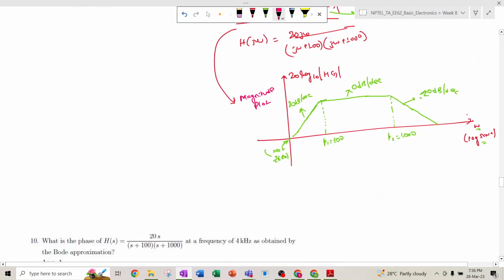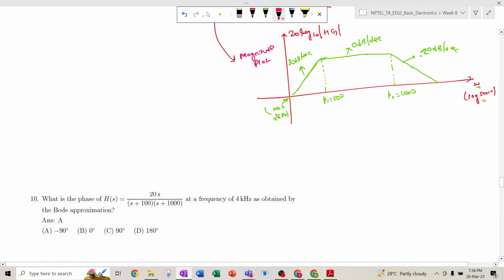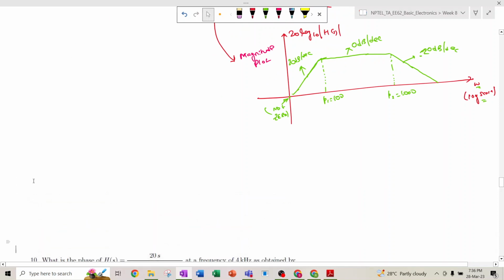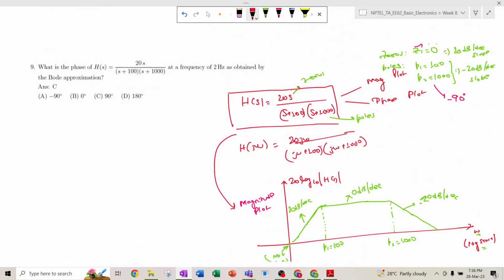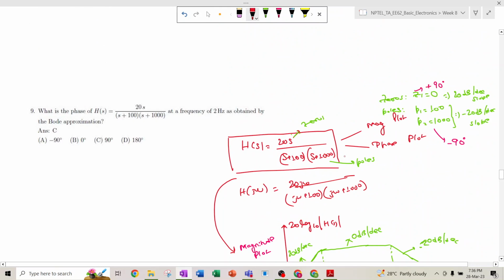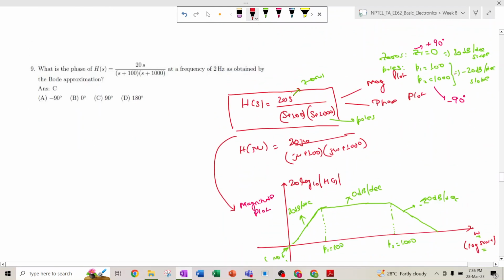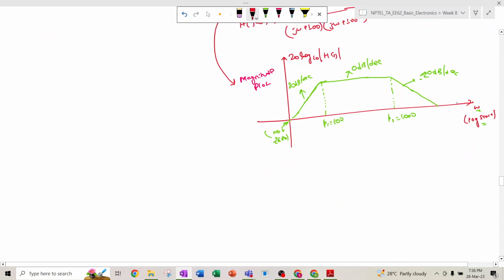So for the zero it contributes plus 90 degree phase, and for each pole it contributes minus 90 degree phase.